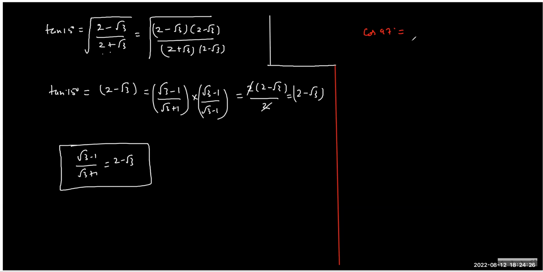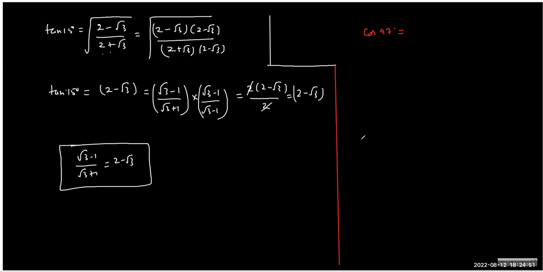What is the value of cos 97? Tell me, guys. 60 plus 37.